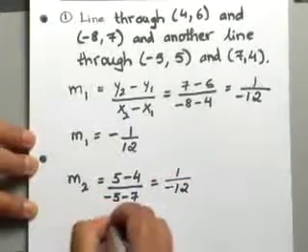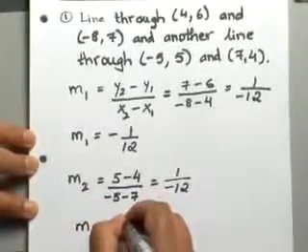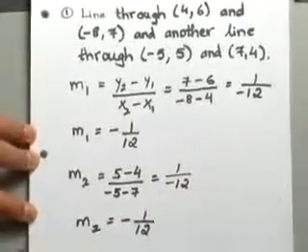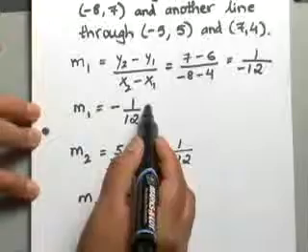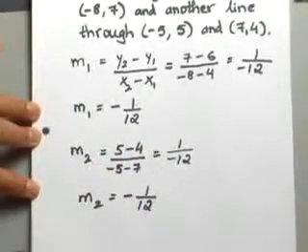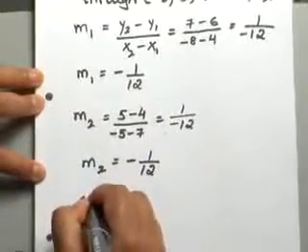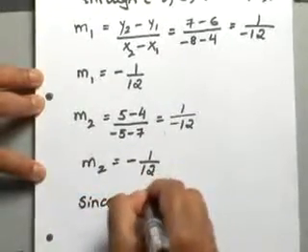So again, the slope of the second line is negative 1/12. And as you can see, both our slopes here are the exact same, and that tells me that the two lines are parallel.